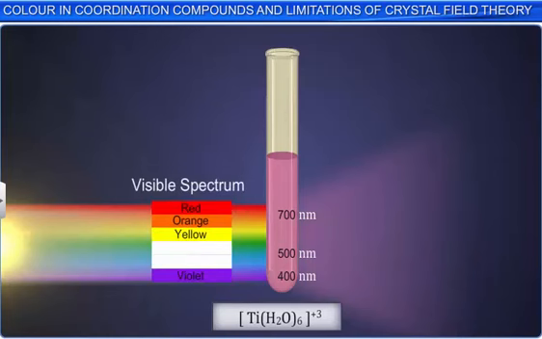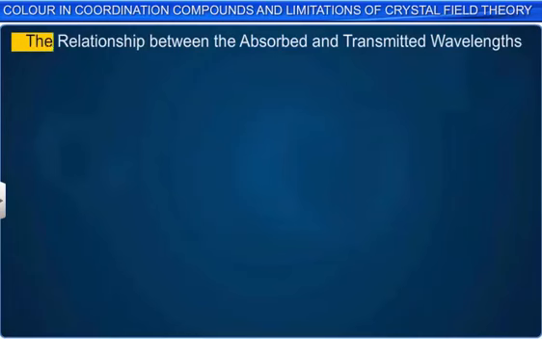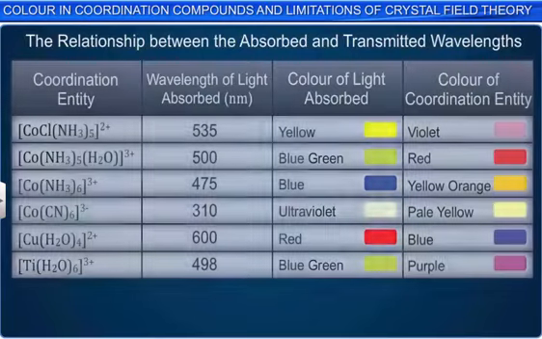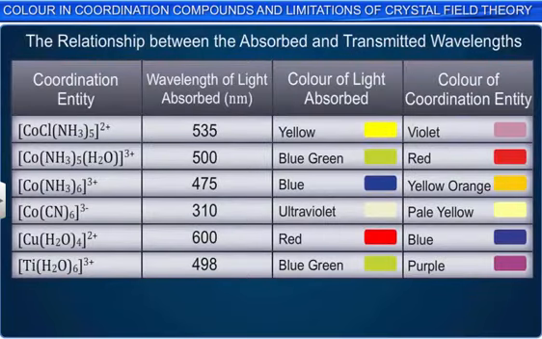The relationship between the absorbed and transmitted wavelengths can be readily understood from the table here. The origin of the color of coordination compounds can be readily explained in terms of the crystal field theory.